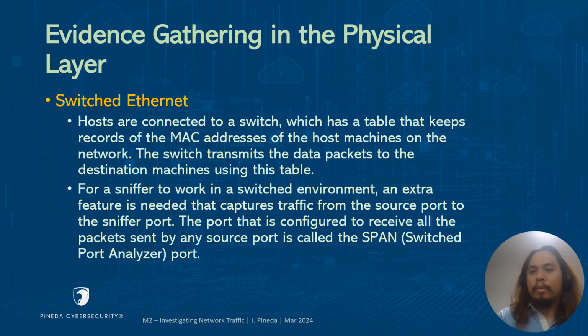The next would be the DHCP. When we go to the data link, we talk about the DHCP, or the Dynamic Host Configuration Protocol, that leases IP addresses to the machines. Instead of setting them manually, you have your DHCP server that provides a pool of available IP addresses and leases these to each of the machines.